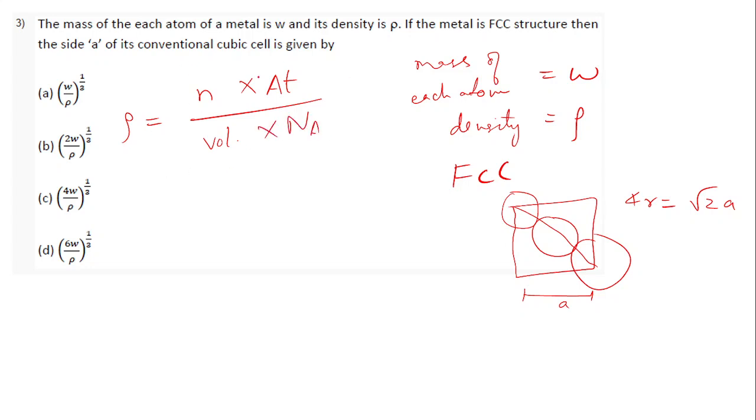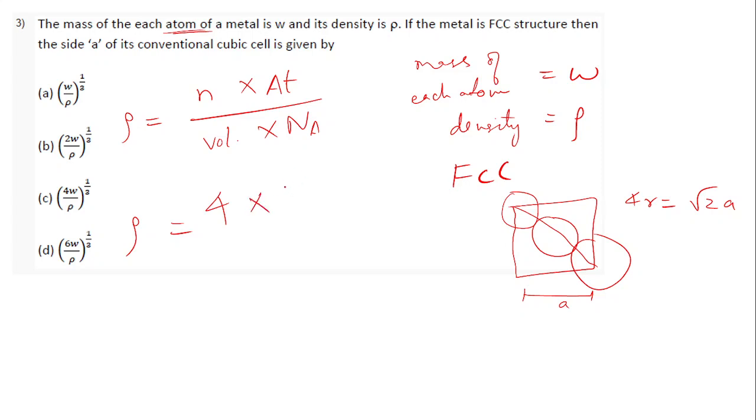Now here density is rho. Since it's FCC, the number of atoms will be 4. In FCC we have 4 atoms per unit cell.